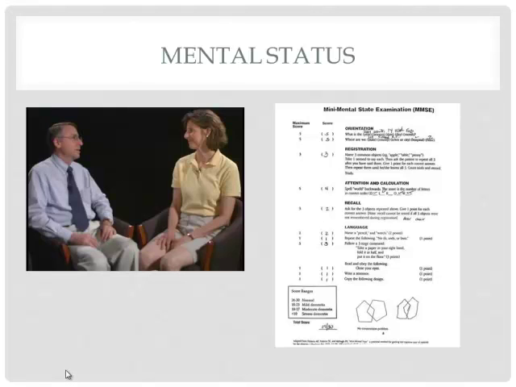So, we've been talking a lot about the neurological exam at the cellular component, but also keep in mind that when we're talking about the neurological exam in general, you also have to think about what's happening in people's mental status. Back in the 70s, somebody came up with an examination which they call the Mini-Mental State Exam.